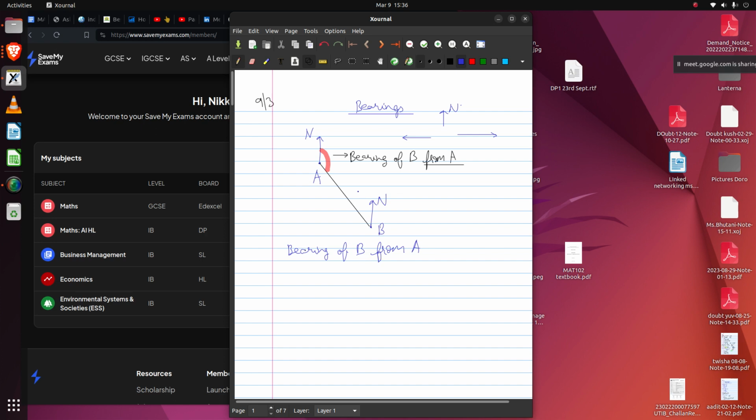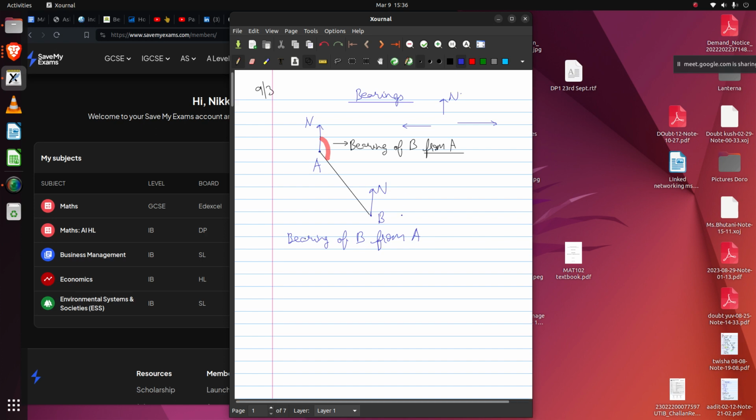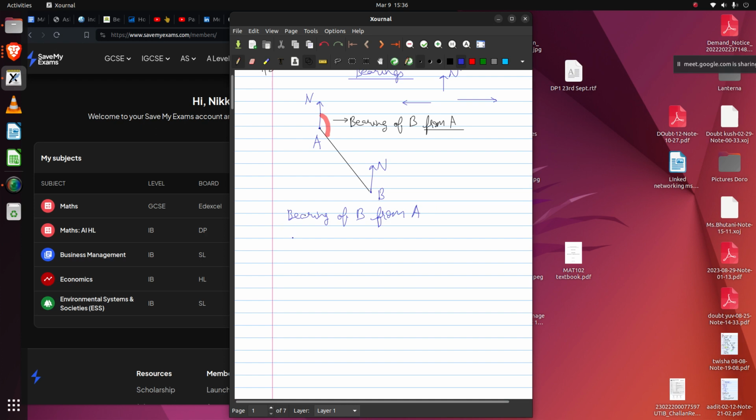Similarly, you could have a question where they ask you the bearing of point A from B. So now I want it from B. If I have to measure from B, I start with the north of B. The north of B is this line. And from the north, again I have to go clockwise only.